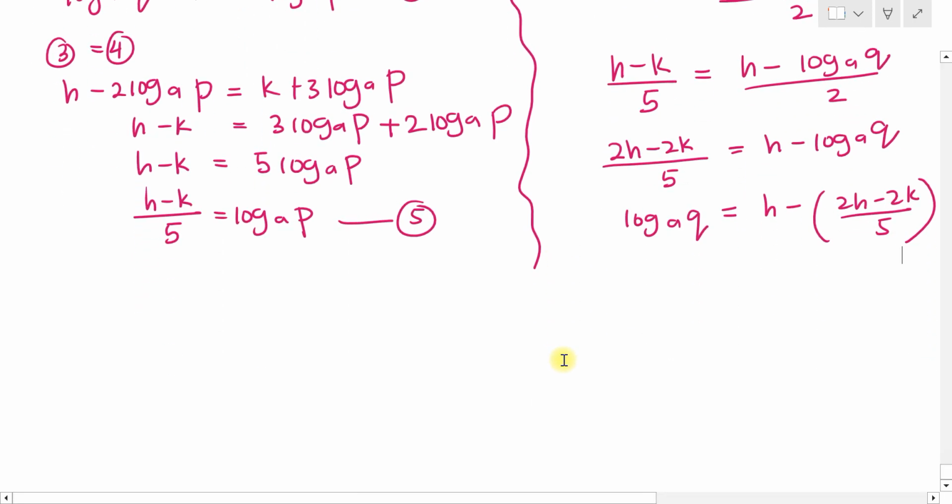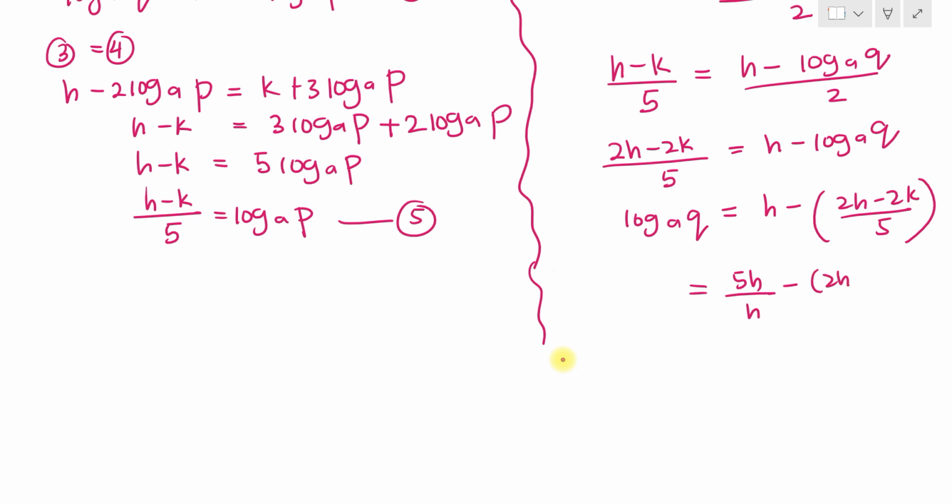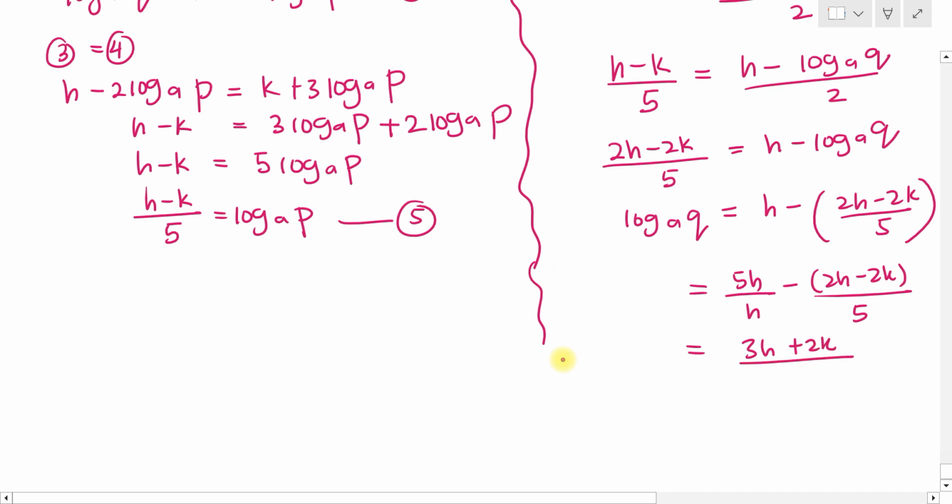What do I get out of this? This one I put 5H over 5, minus (2H minus 2K). Wait, I think I made a mistake there.